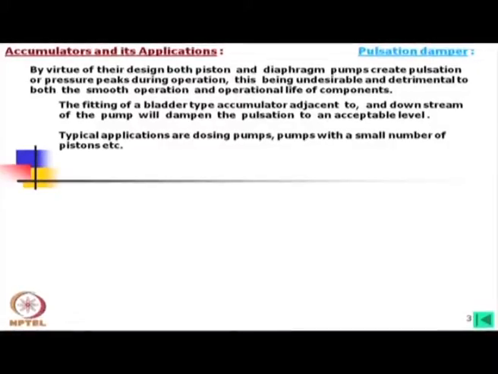So, 5 will have more ripple, and if we use an accumulator with those 5 pistons, then it is always better. And a dosing pump, you understand, is some sort of feeding the oil, may not be the main system.